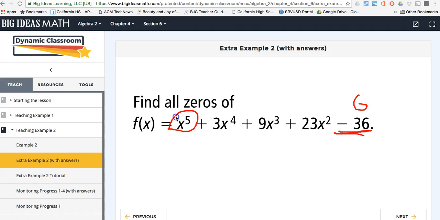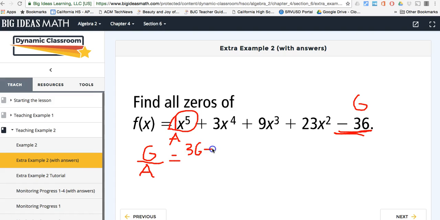So right now, your coefficient is just 1, and we're going to call that A. So what that means is if you take all the factors of G and make fractions over all the factors of A, that's going to give you a pool of numbers that your rational zeros have to be from.